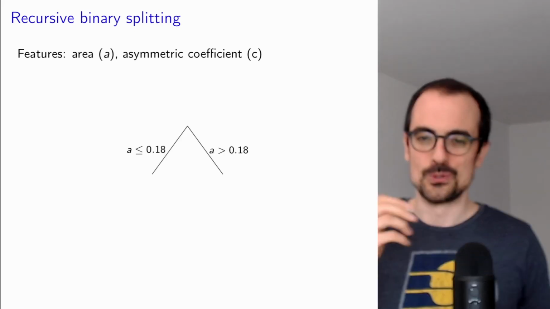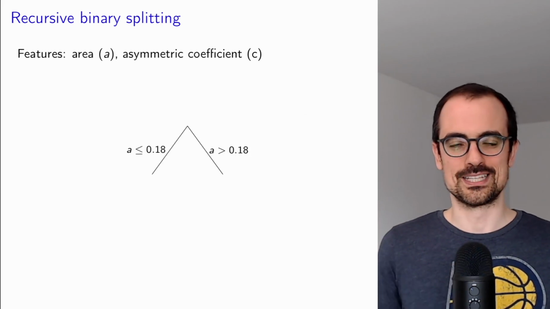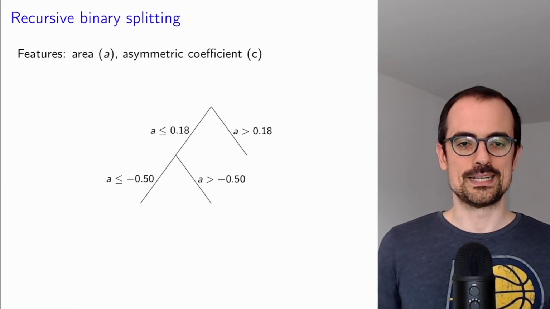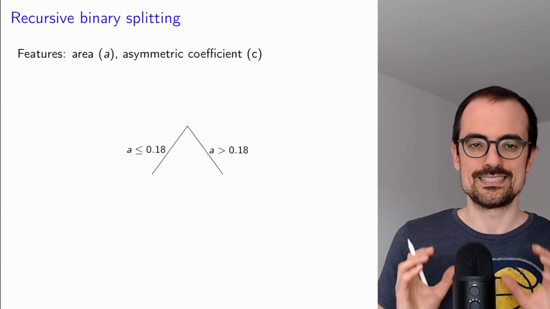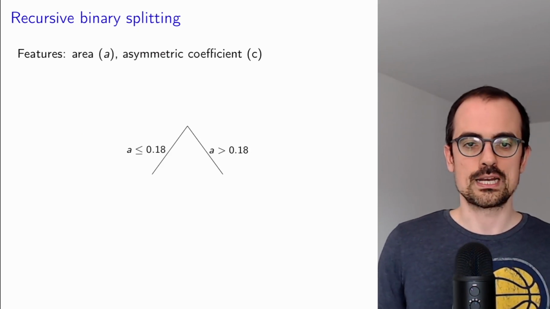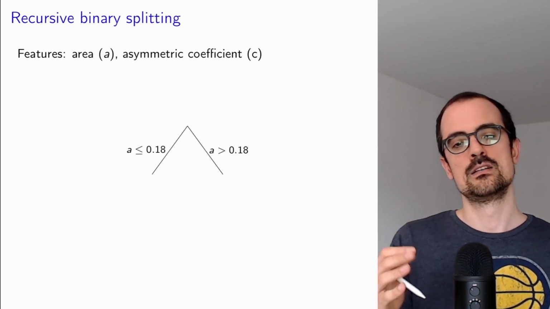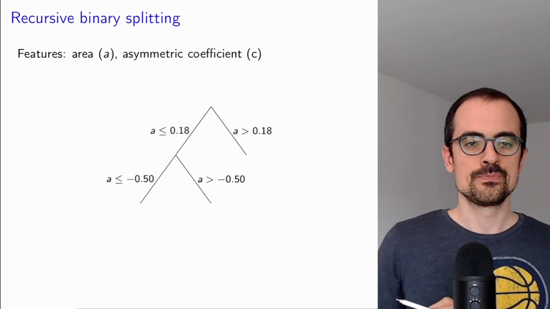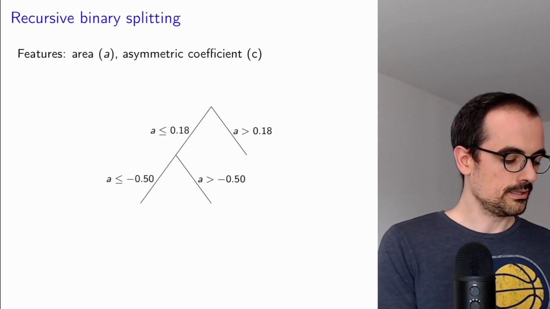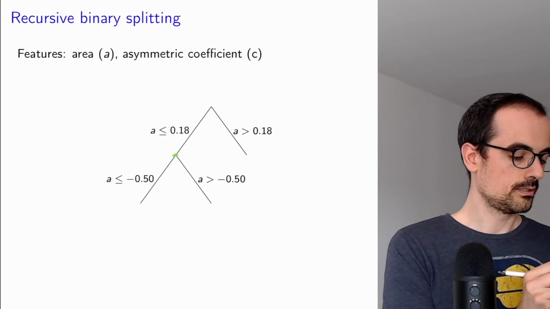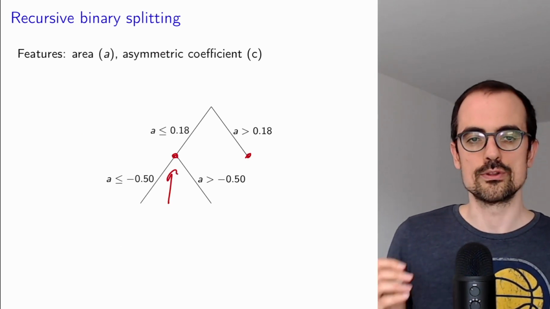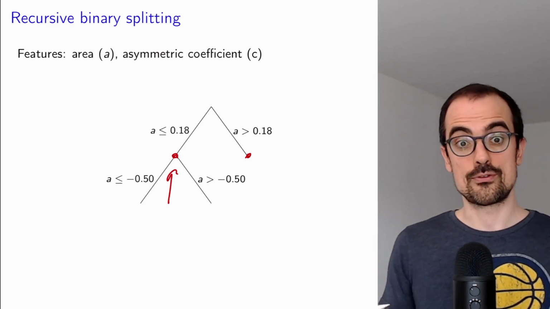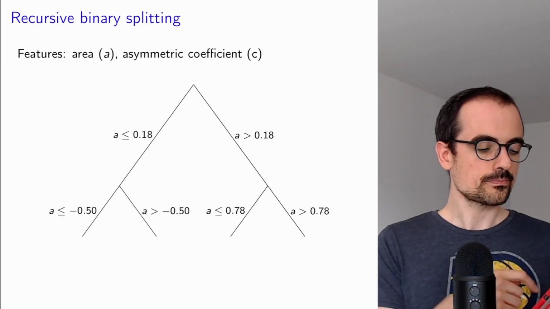We do that. I'm not going to draw a picture about how we do that because that would be very complicated, but basically, first, this is the best split. If you're just going to make one split, this is the split that's going to give you the best log likelihood, splitting according to feature A and threshold 0.18. Then, between these two regions, the best thing we can do is to split that region according to the feature A, and now the threshold is minus 0.5.